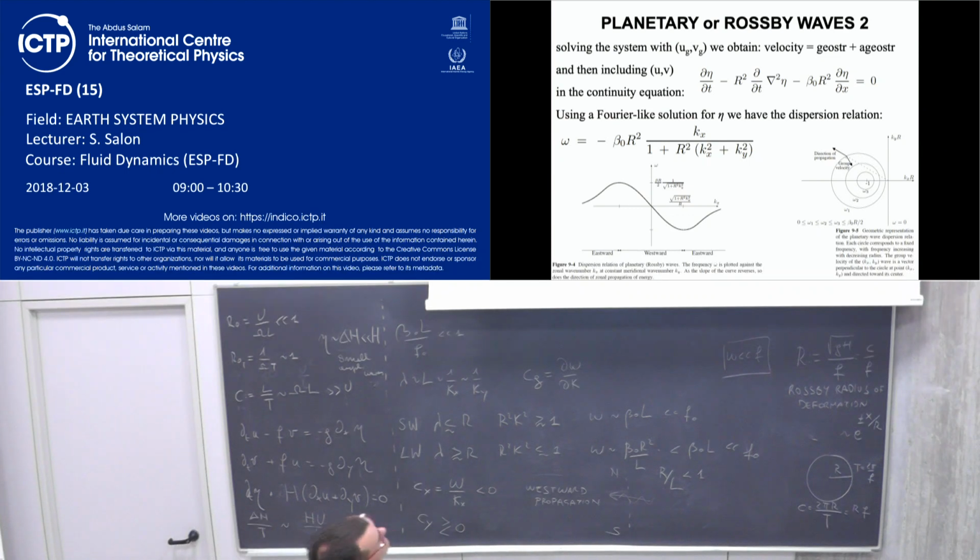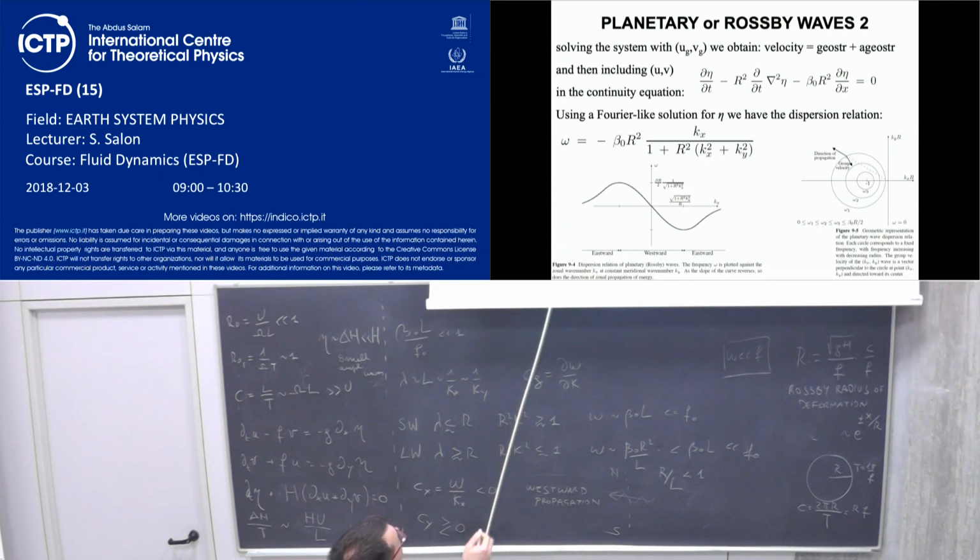Of course, I didn't say it, but it's clear that these are dispersive waves. So if we plot omega versus kx, what we will have is something like this. When kx is equal to 0, of course omega is equal to 0. Then we will have a very small value of omega for larger k, because when this is much, much larger, of course this goes to 0.